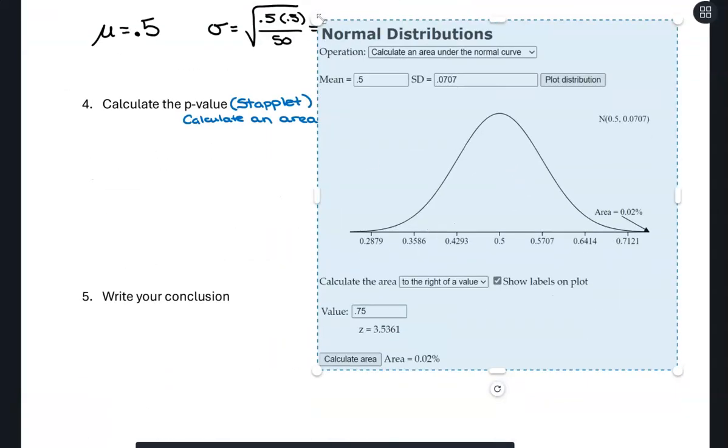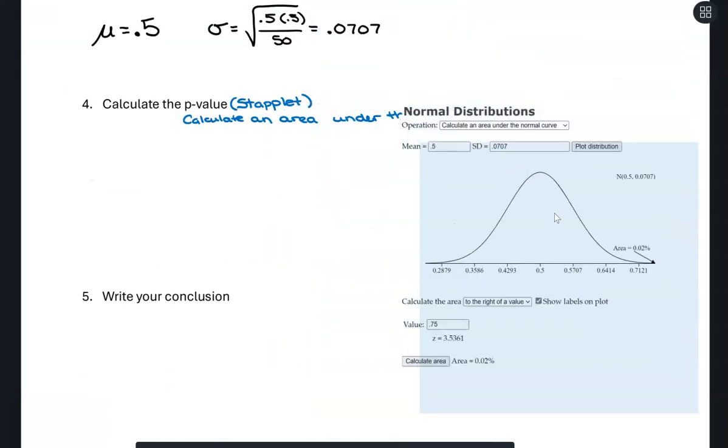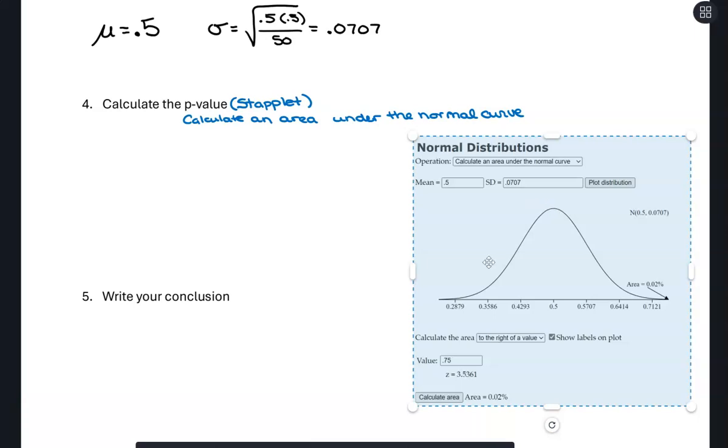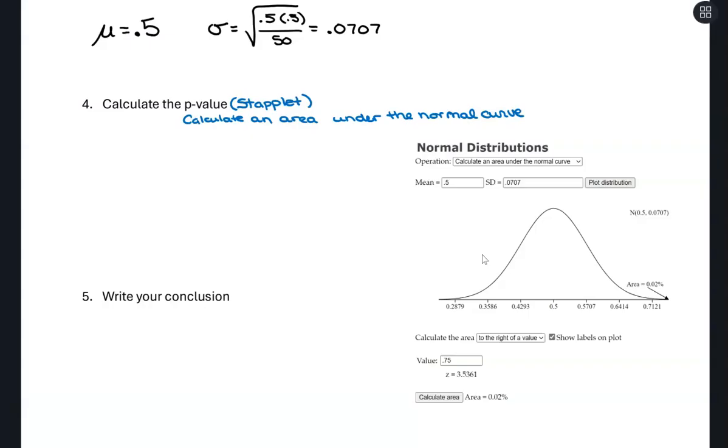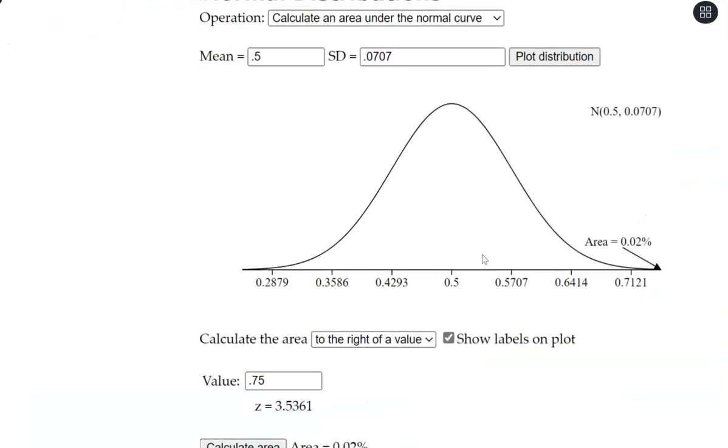Okay, so let's go ahead and put that over here. So from this information that we're getting from Statlet, we have our sampling distribution plugged in. This is where p hat goes. So we save p hat until we get to that point and we plug it in as our cutoff value.